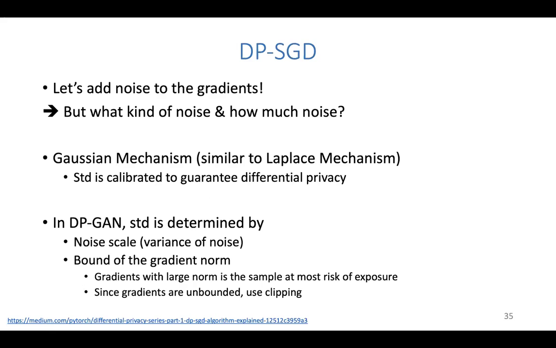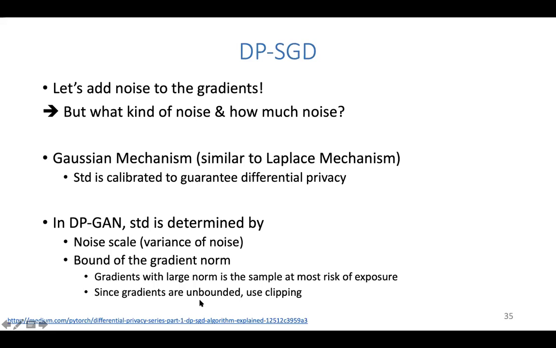As I said, a gradient with large norm is the sample at most risk of exposure. If a sample provides a large gradient norm, then that sample has very sensitive information for minimizing the loss. So the norm of the gradient is something that we can use as a measure to decide the risk of privacy. Both factors, noise scale and bound of the gradient norm, are required to determine the standard deviation.